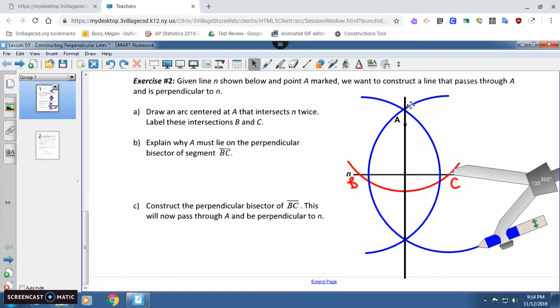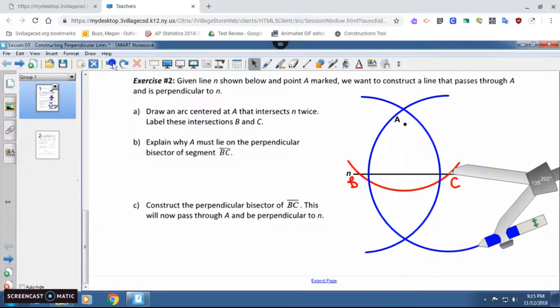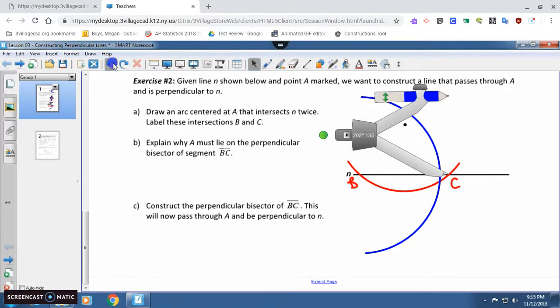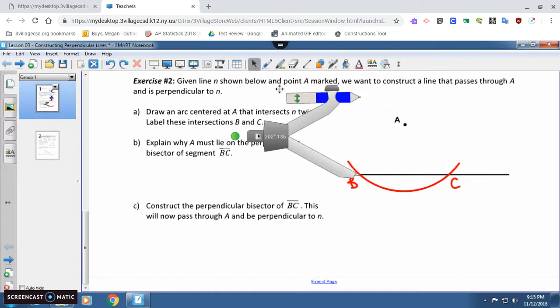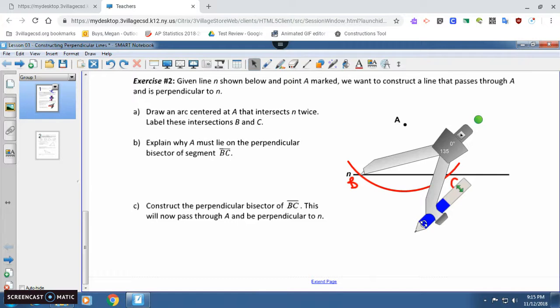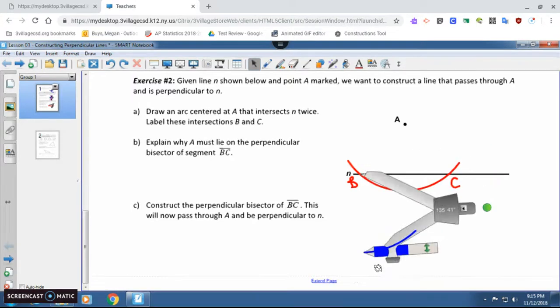Now, because we have a point that's off the line, remember, we always need 2 points to have a perpendicular line, or any line for that matter. So if you only showed the arc down here and connected A to this intersection, that would count. So just to see what that would look like, I have my initial arc, and you have an intersection below.